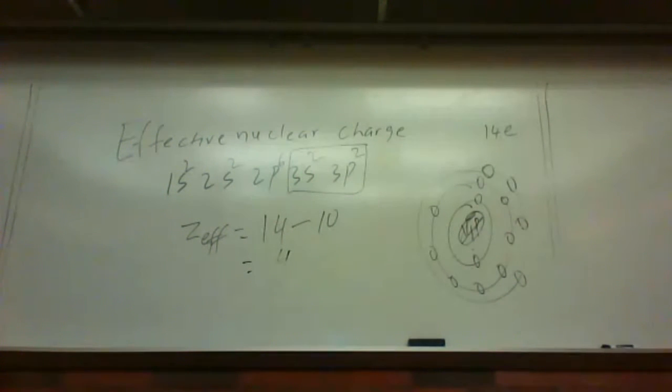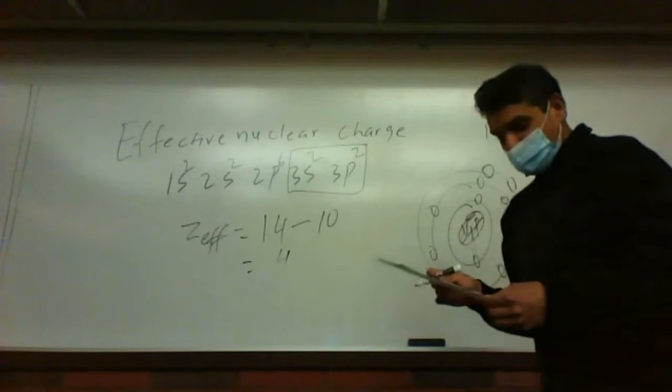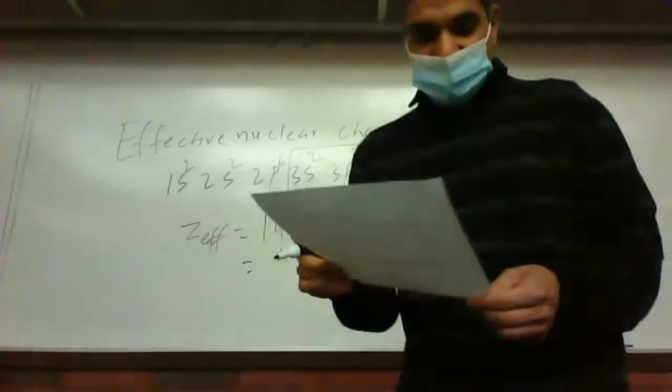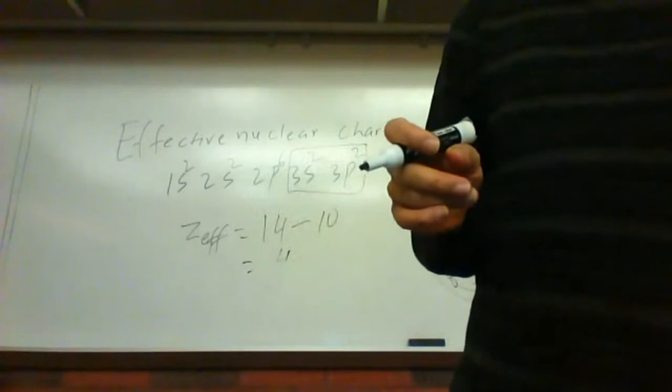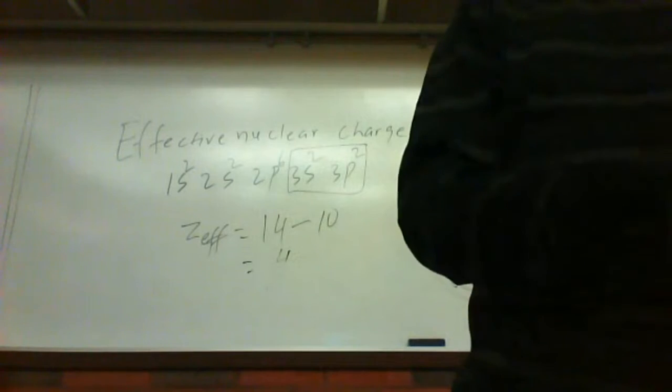Make sense? In aluminum, they are experiencing 3 units of force, but in silicon, they are experiencing 4 units of force. So they are being pulled with more force in silicon than in aluminum. I will talk about size later, so let's skip slides 11 and 12 at this moment.